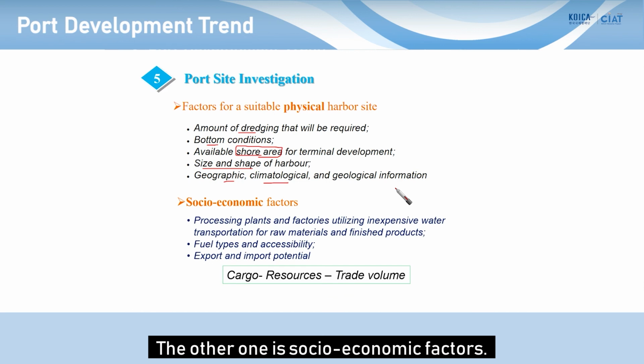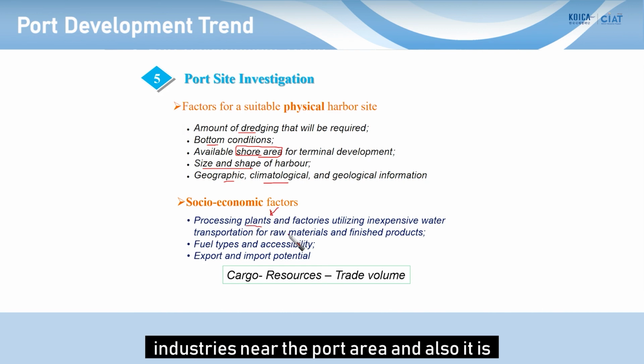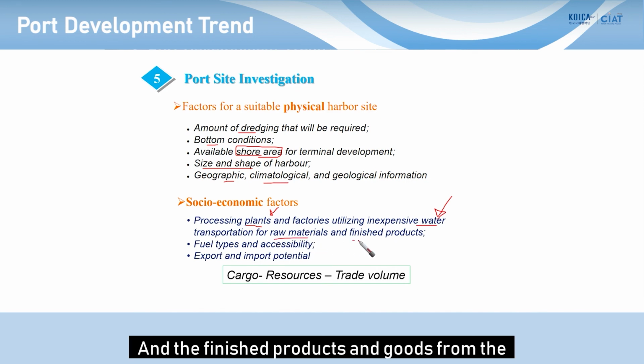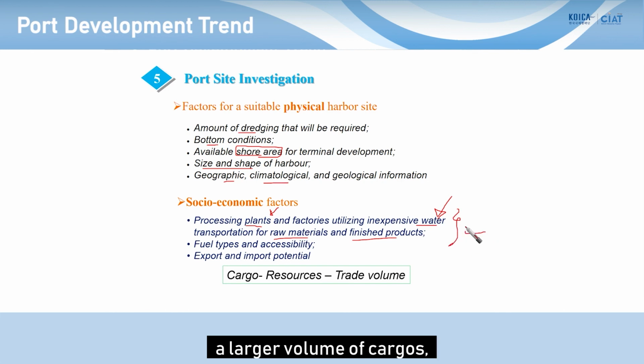The other one is socio-economic factors. You have a lot of plants, industries near the port area. And also it is easy to get water and raw materials and the finished product goods from these industries. So at least you have a large volume of cargoes there.